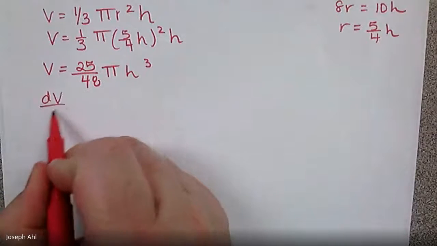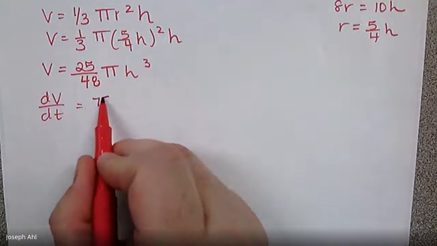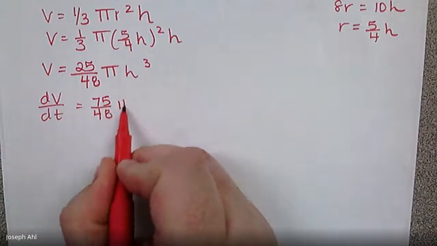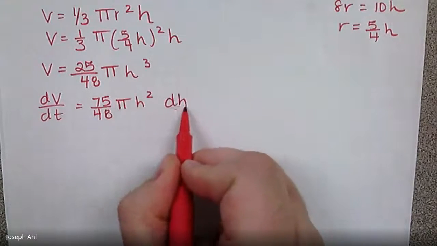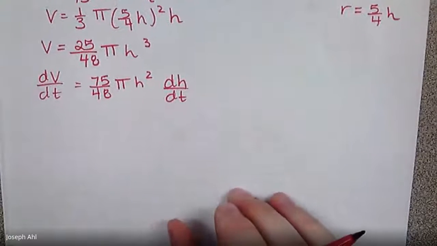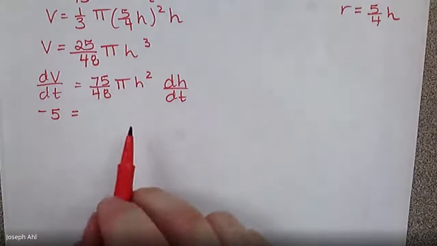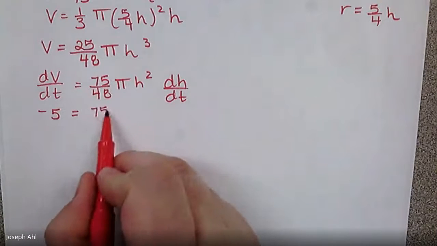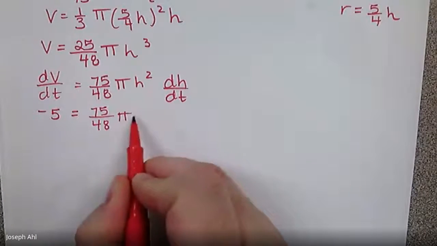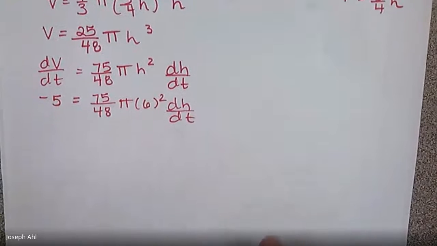So therefore, dV/dt equals, if I use the power rule here, 75/48 pi h squared dH/dt. And then we've got our change in volume is -5 when the height is 6, 75/48 pi times 6 squared dH/dt. Okay.